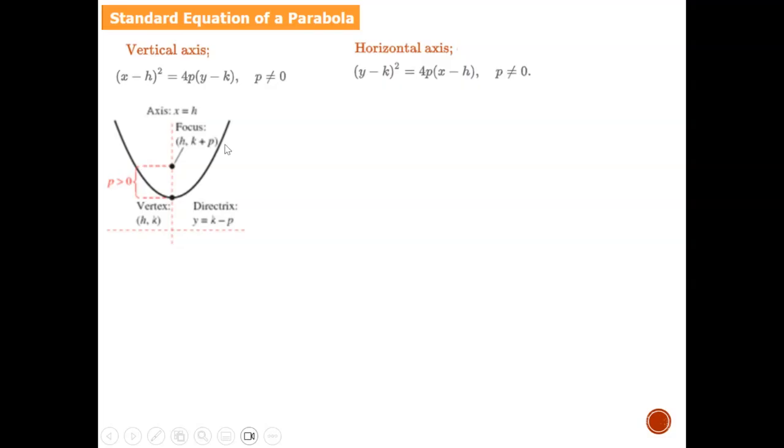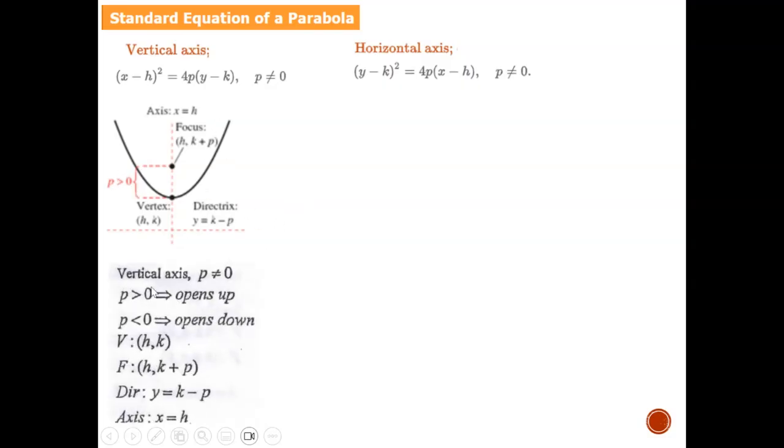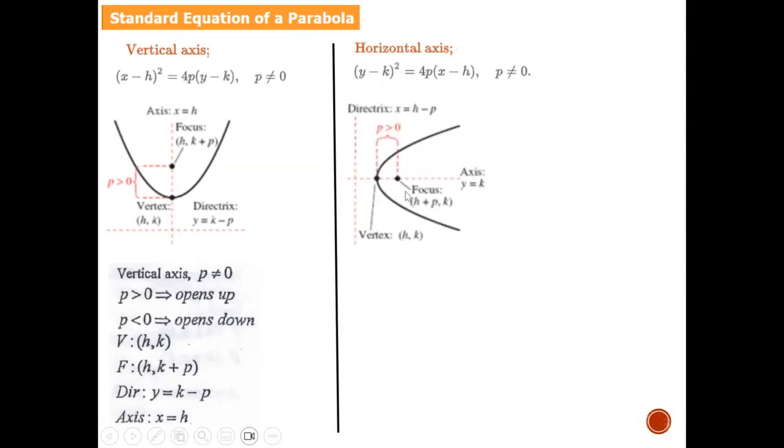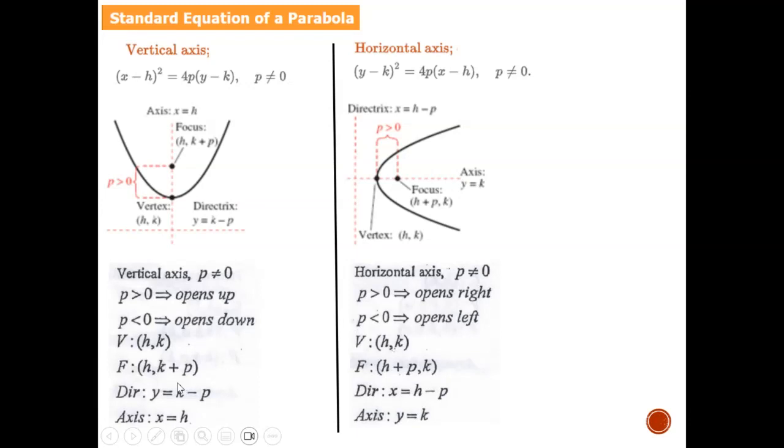This is a vertical one, which opens upward, and this is the horizontal. Now check this out, guys. If p is positive for the vertical, it opens upward. If p is negative, it opens downward.